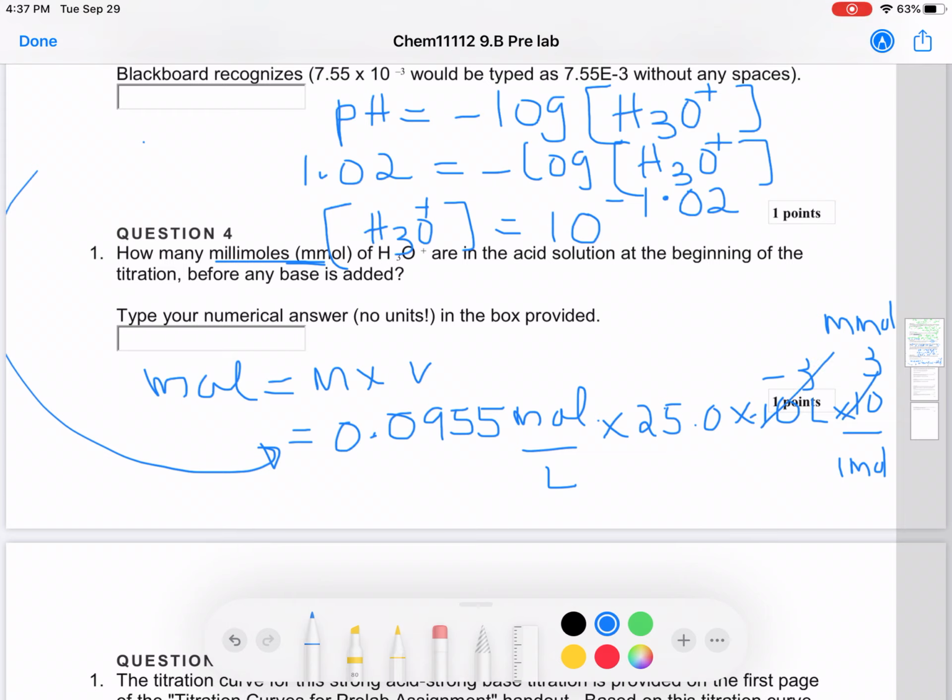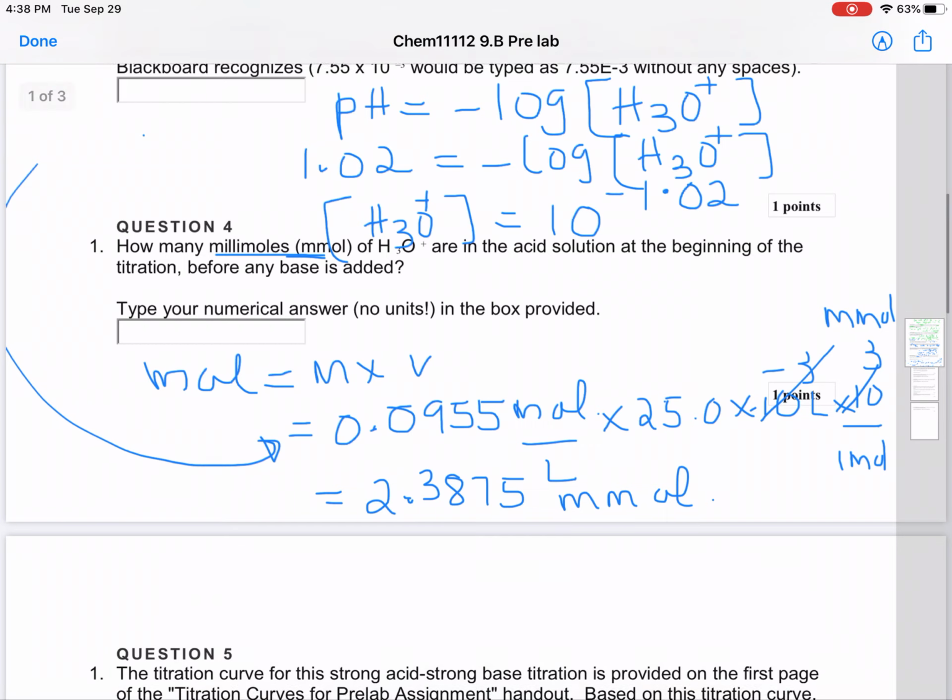You multiply 0.0955 by 25 to find the number of millimoles. Something like this, 2.3875 millimoles. Again, I'm not sure if my answers are correct, so you want to check to see if they are correct.